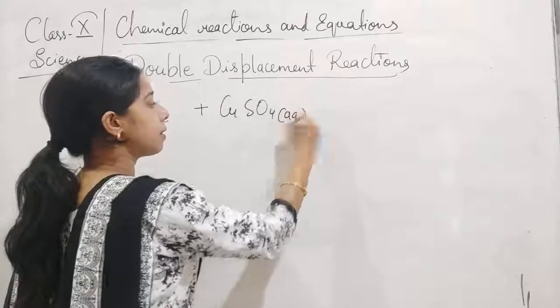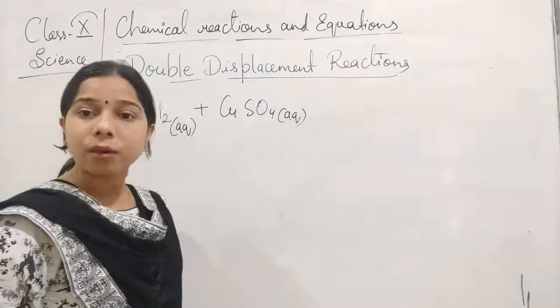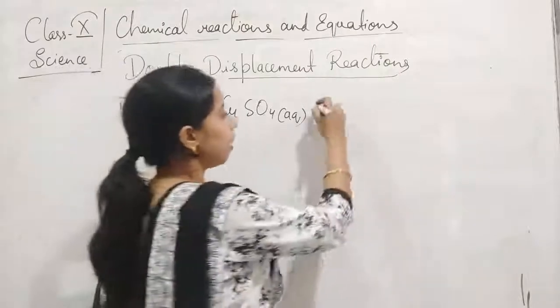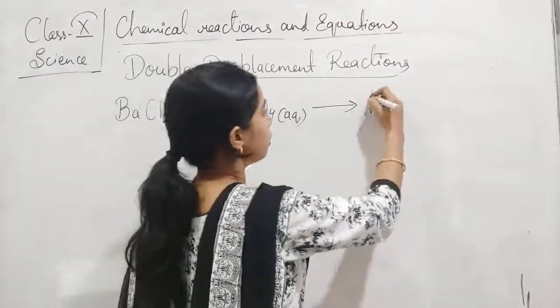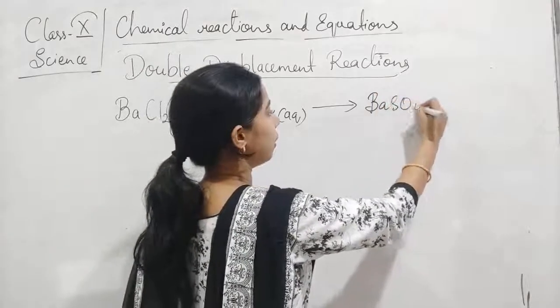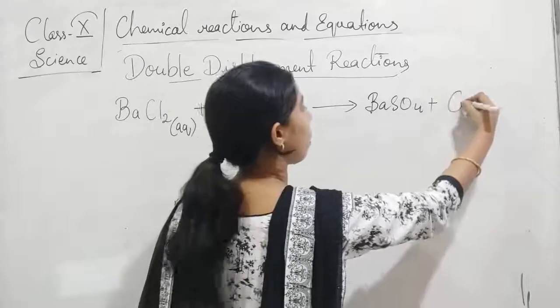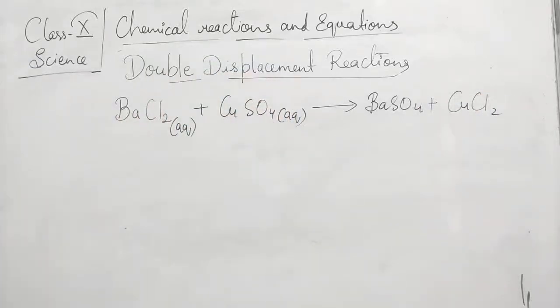CuSO4 is an aqueous solution, and barium chloride is also an aqueous solution. So this blue colored solution, when the barium reacts with the copper sulfate, barium sulfate plus copper chloride is formed.